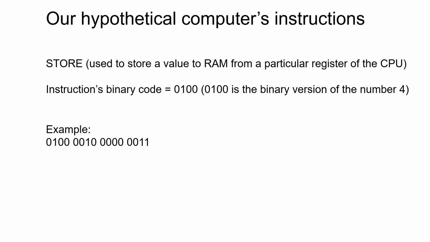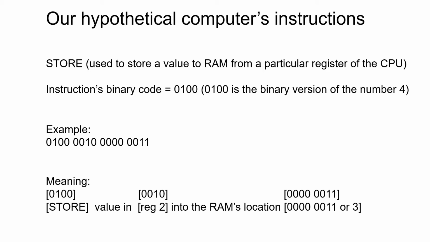So an example of a store instruction would look something like this: 0100, which is the instruction, 0010, 0000, 0011, which would mean store, again with the 0100, or the first 4 bits in our computer representing the instruction. So store the value in register 2 into the RAM's location 00000011, or simply into location 3.